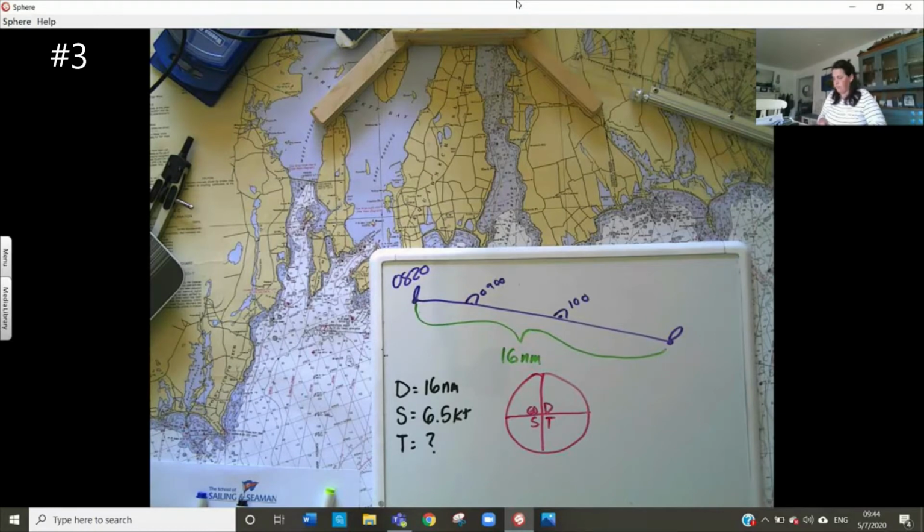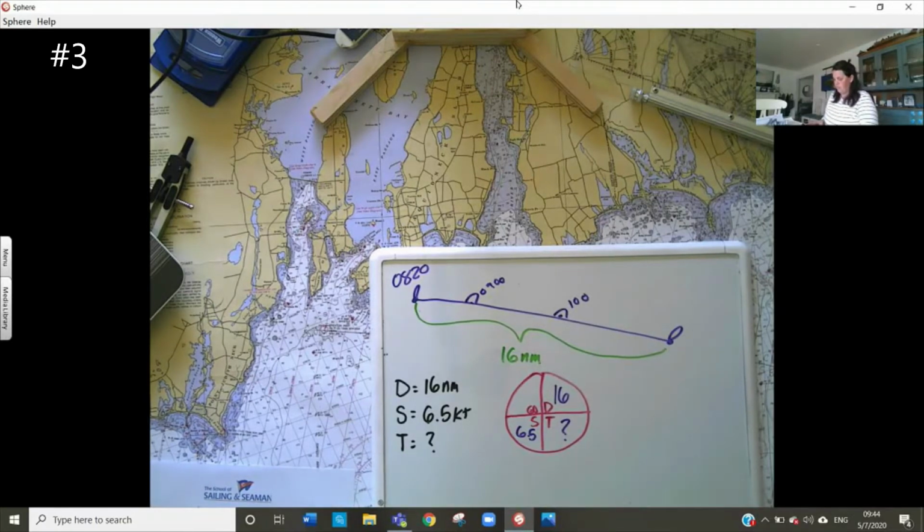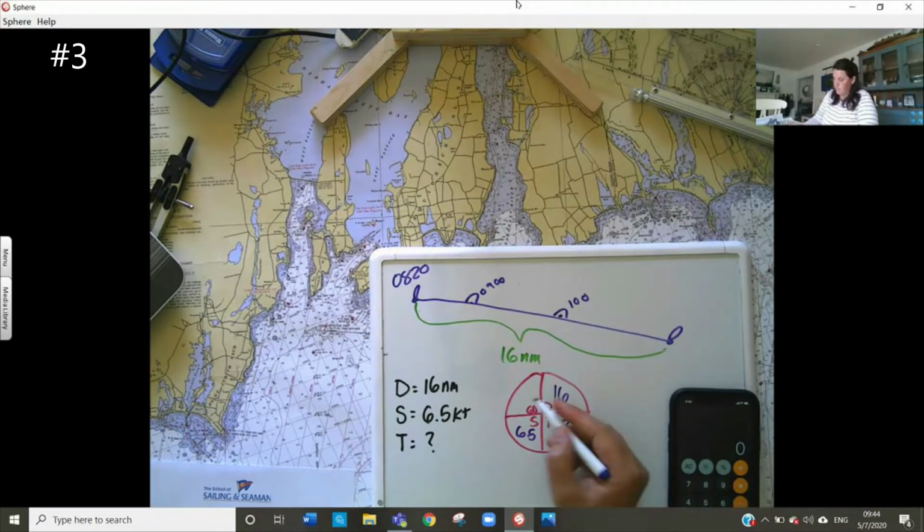Okay, so we can put in our numbers for D is 16. Speed is 6.5, and T is our question mark. So on our calculator, and this is 60, always 60. So the two things that we know are actually on top, so we multiply those and then divide.